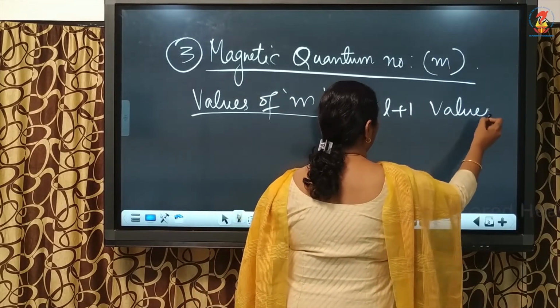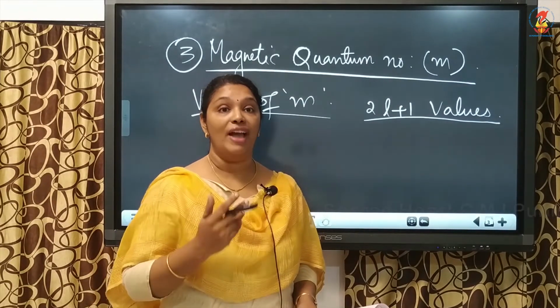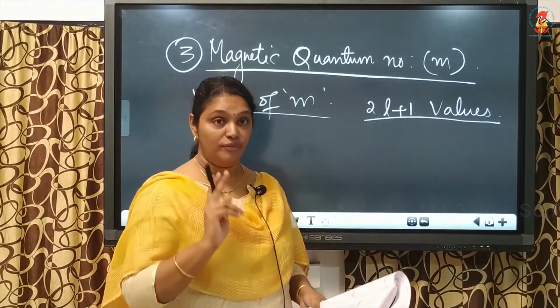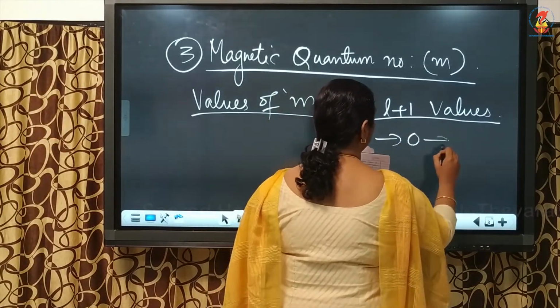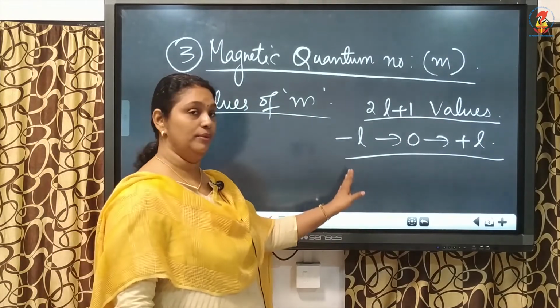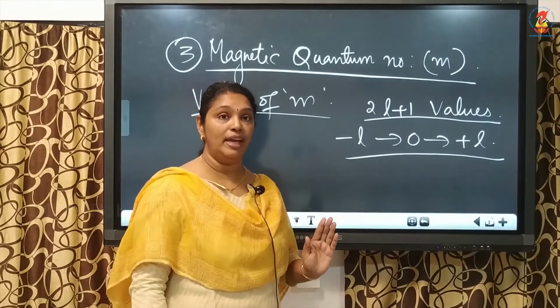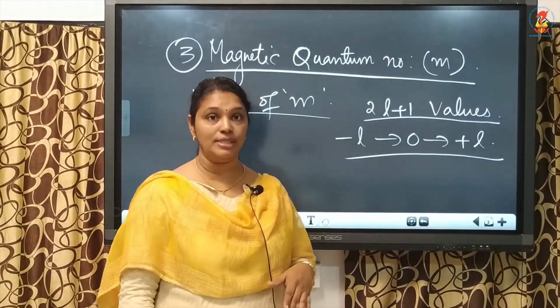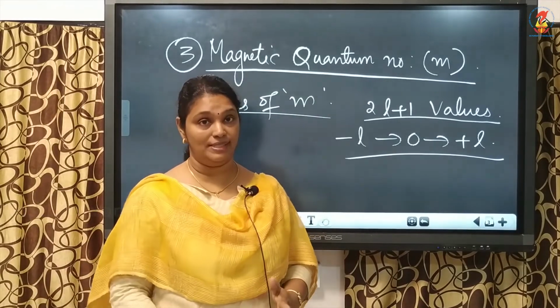So, the number of values is 2L plus 1. Okay, and the values are from minus L through 0 to plus L. So these are the values.